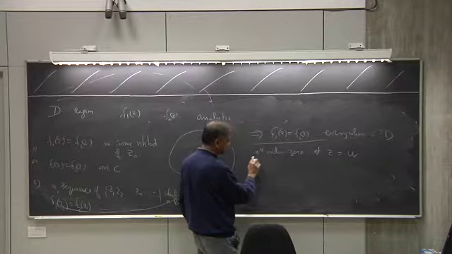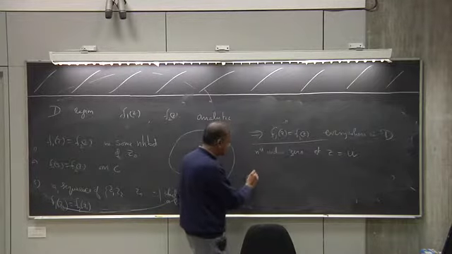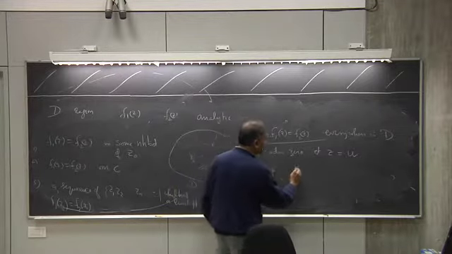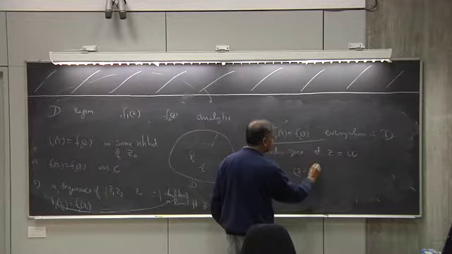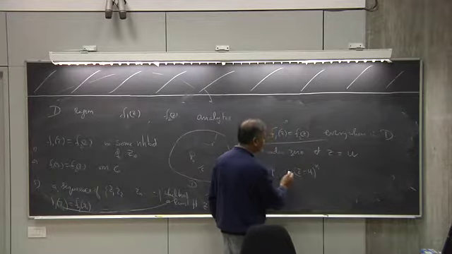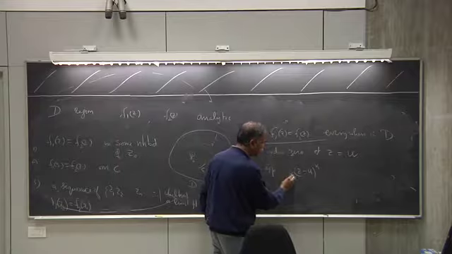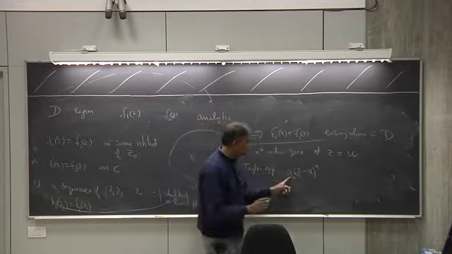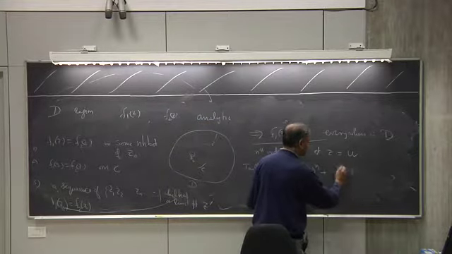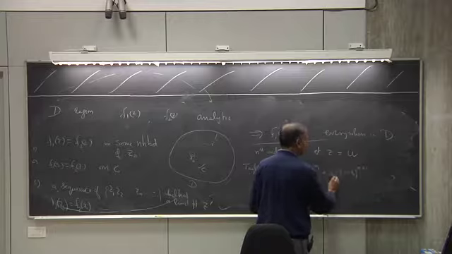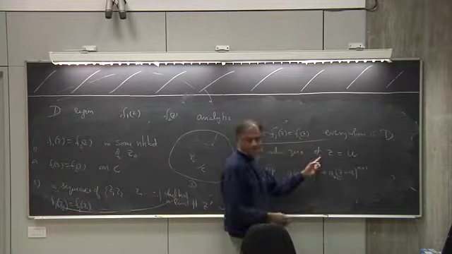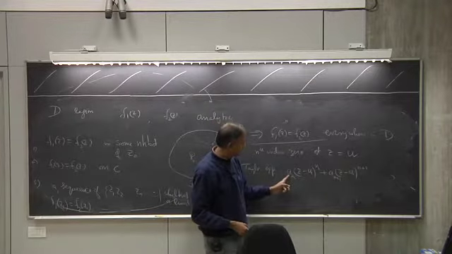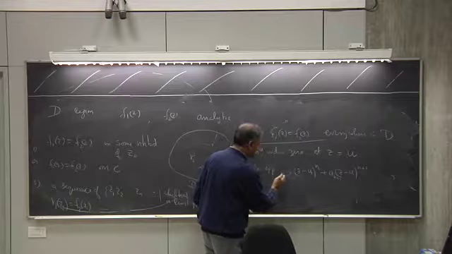The definition of this nth order zero was that the Taylor expansion will start from (z minus u) to the power of n, and that coefficient which appears here, a_n, is not 0. Because if it was 0, then the next term would be (z minus u) to the power of n plus 1, and you would say that it is an (n plus 1)th order zero, not nth order.